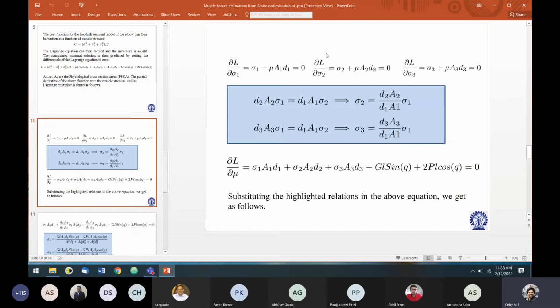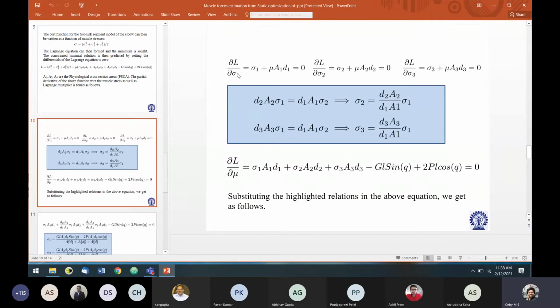It is differentiated with respect to sigma 1, sigma 2, sigma 3, and we got sigma 1 plus nu a1 d1 equal to 0, sigma 2 plus nu a2 d2 equal to 0, sigma 3 plus nu a3 d3 equal to 0.